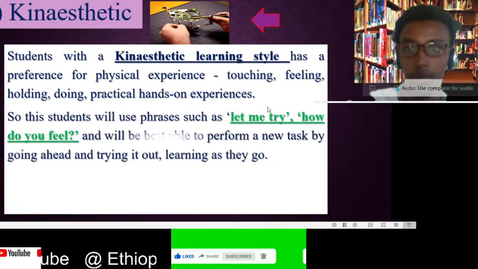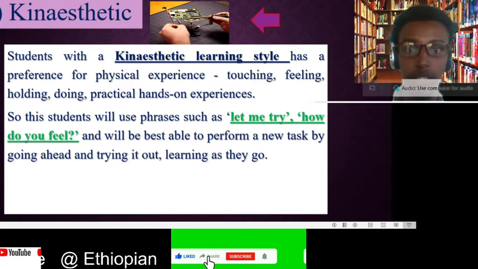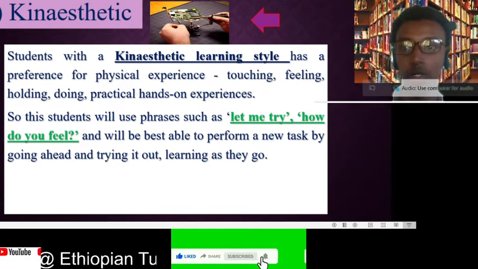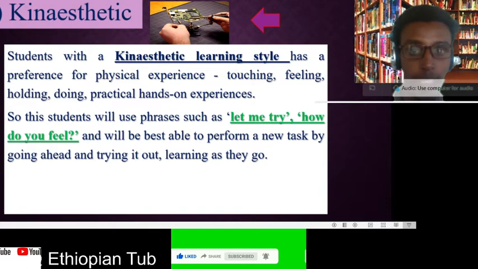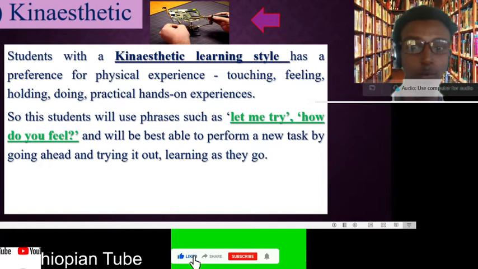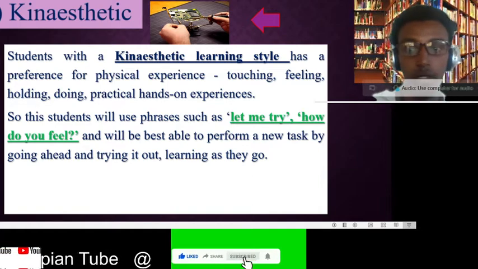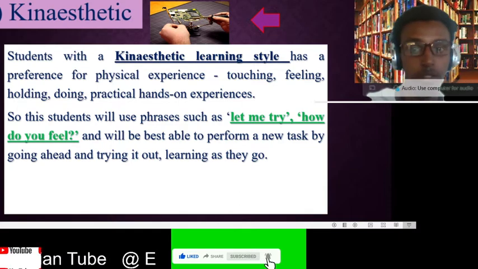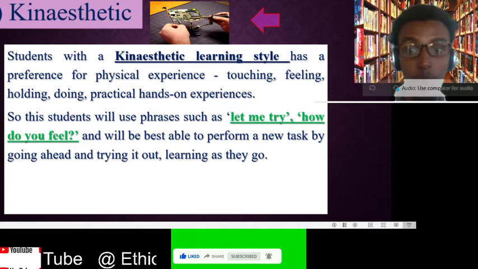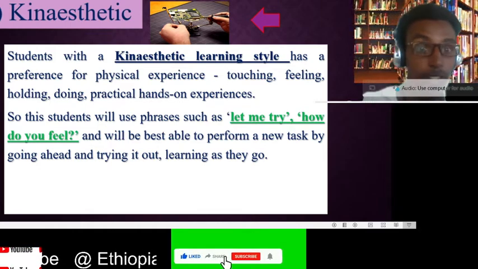So students with a kinesthetic learning style have a preference for physical experience: touching, feeling, holding, doing, practical hands-on experience. These students will use phrases such as let me try, how do you feel, and I will be best able to perform a new task by going ahead and trying it out, learning as they go.